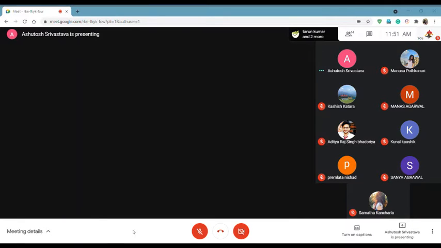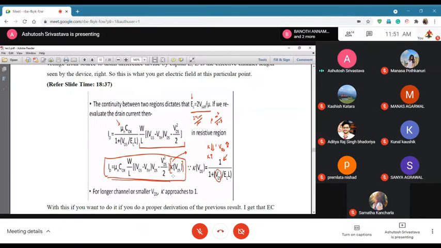So ID becomes this, where kappa VDS, this term coming out, kappa is 1 upon 1 plus VDS upon EC times L, where EC is the critical electric field. So for a longer channel or a smaller VDS, kappa approaches 1.